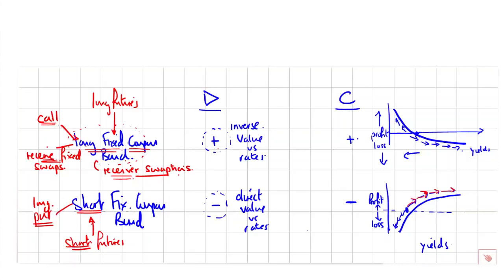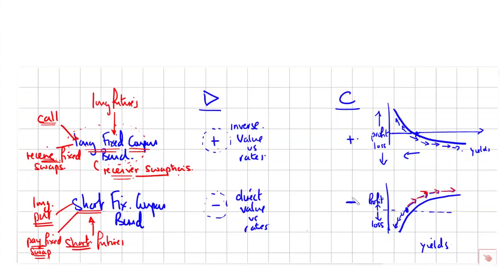Now that means, of course, you can think that a pay fixed swap is where you've got the obligation to pay away the fixed leg. That's like you essentially being short a bond and putting the proceeds on deposit at a floating rate. So a pay fixed swap has got negative duration.